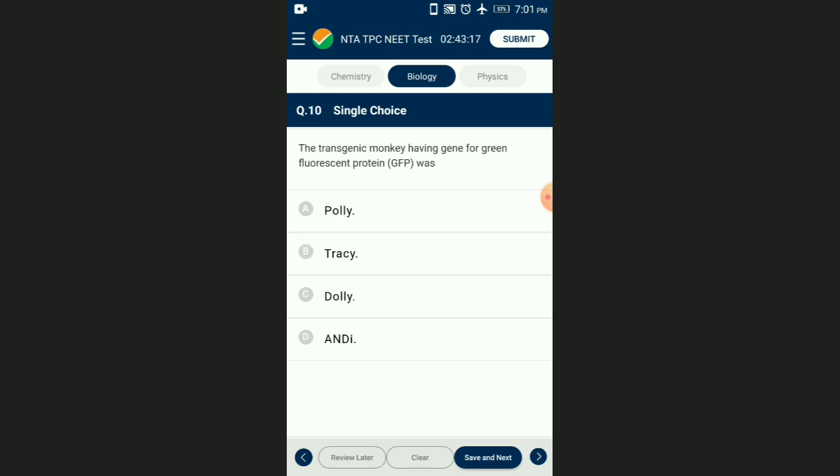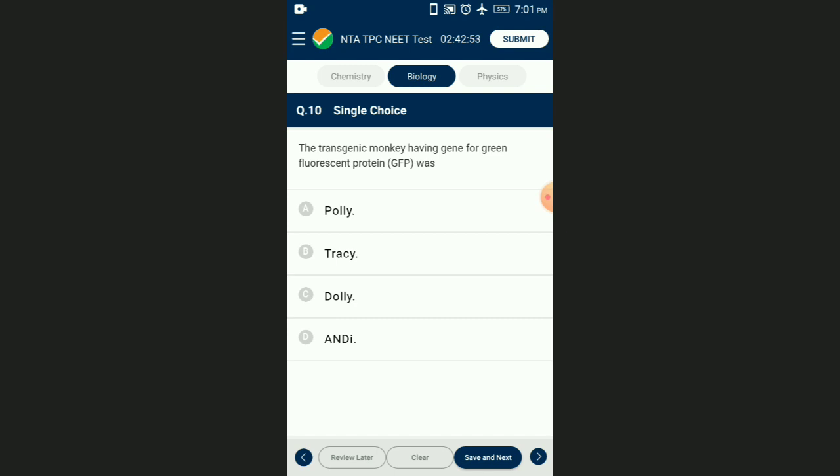Question number 10. The transgenic monkey having the gene for green fluorescent protein, that means GFP, was. ANDI. The GFP gene was isolated from jellyfish.